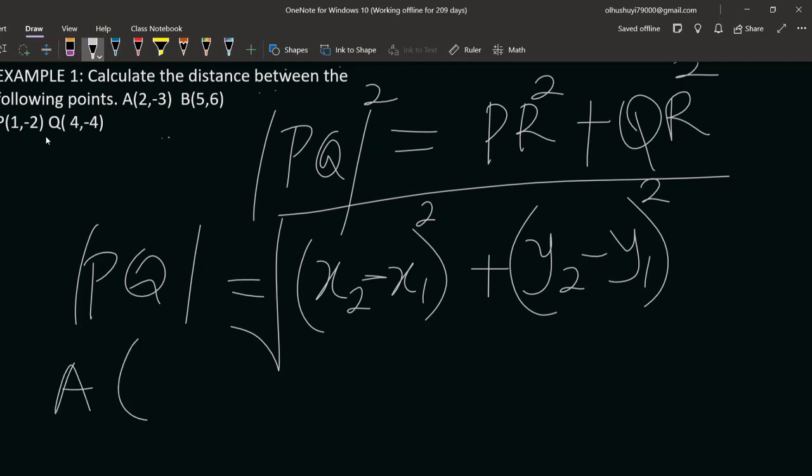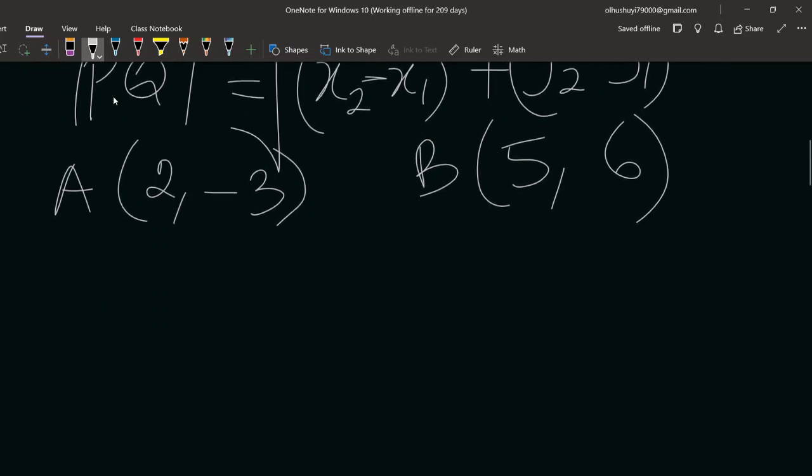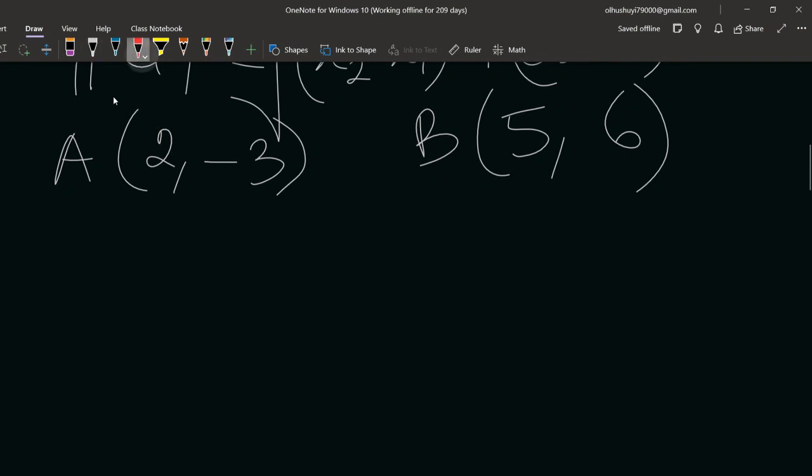A is 2, minus 3, then B is 5, 6. Let's call this x1, this y1, this x2, this y2.